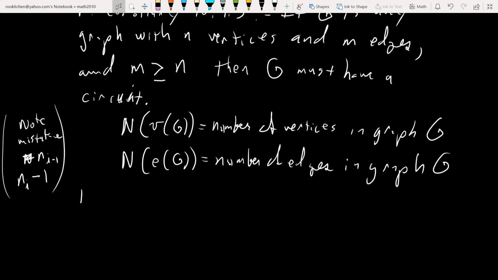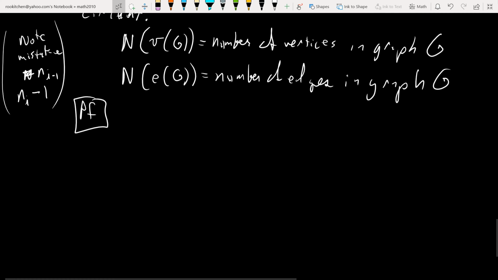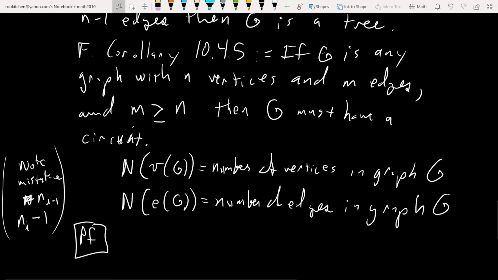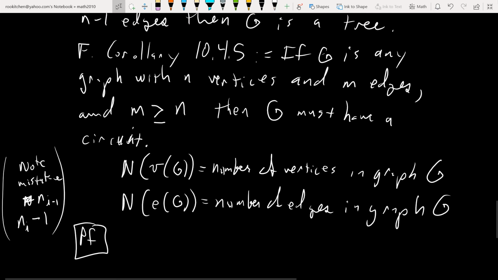Okay, so anyways, let's try to go through the proof here. And it's a proof by contradiction. So instead of supposing that G has a circuit, we'll suppose that G doesn't have a circuit. Okay, so we'll start with the same suppositions.